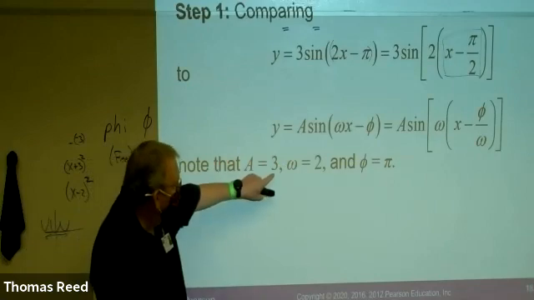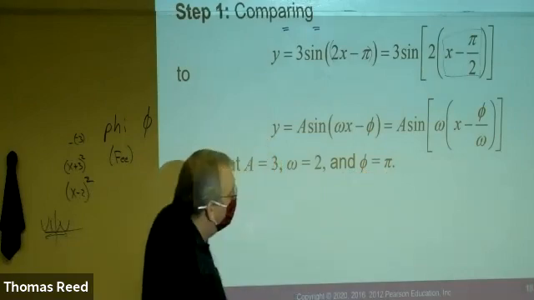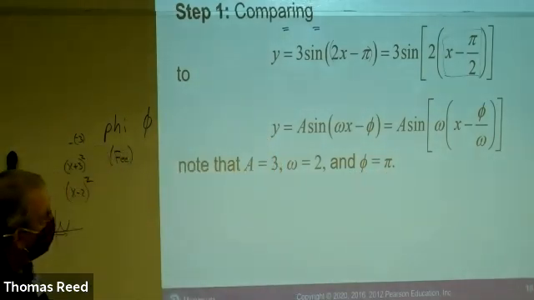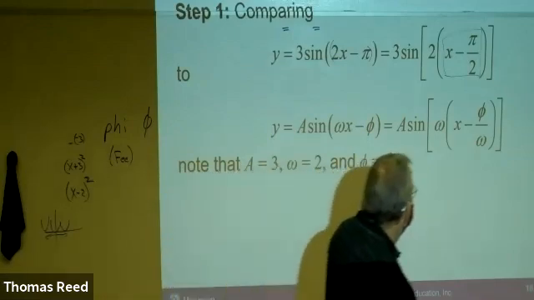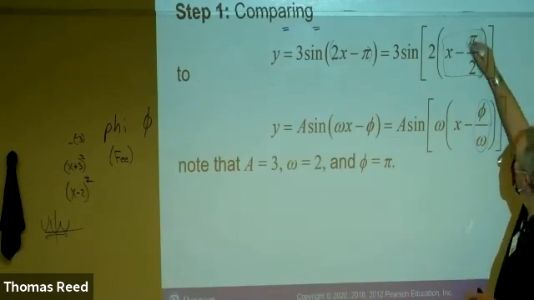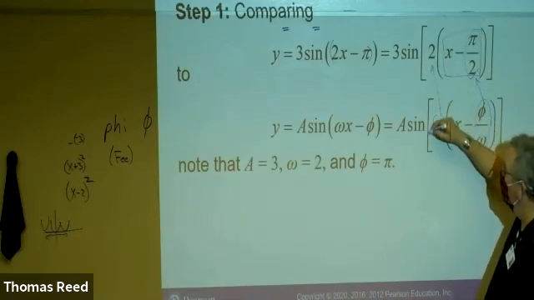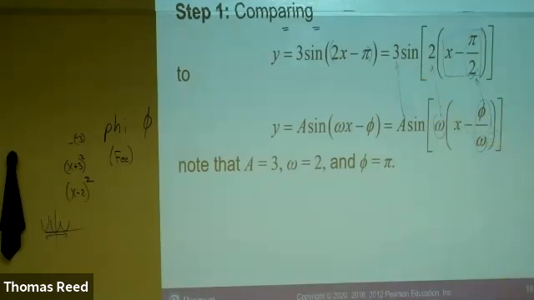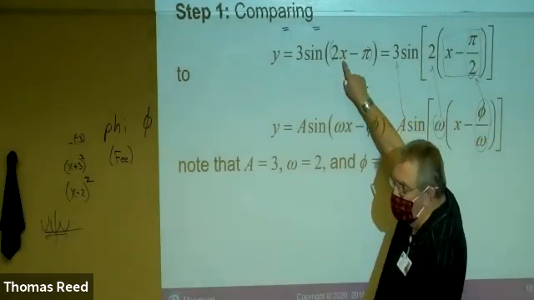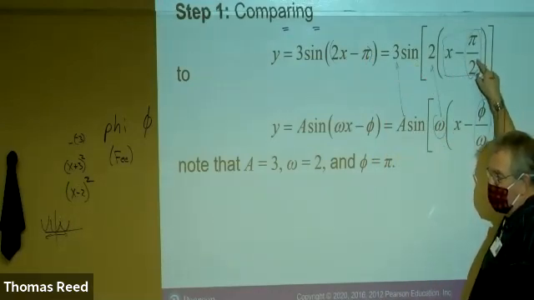And yeah, they say note that A is 3, omega is 2, and B is pi. And so this is our phase shift, which is right here. And this is omega, and then A. So this little act of factoring out the coefficient of x tells us what P is, what the phase shift is.